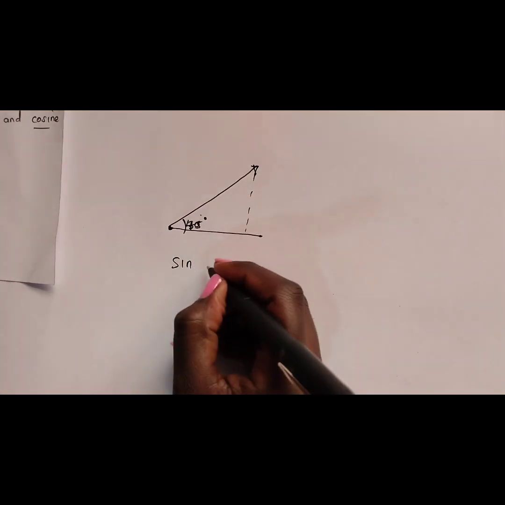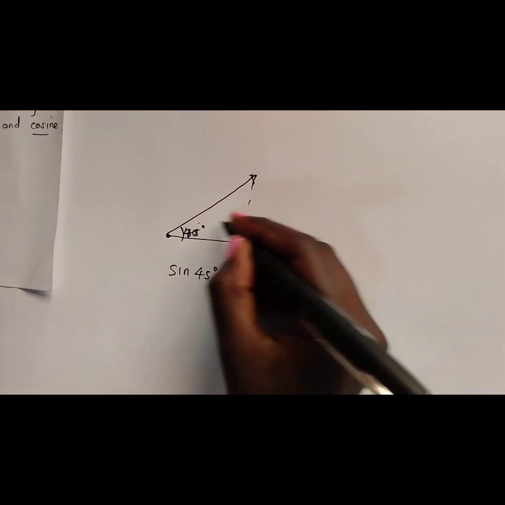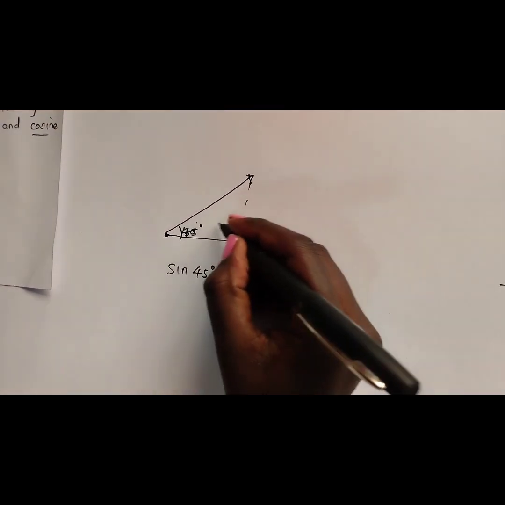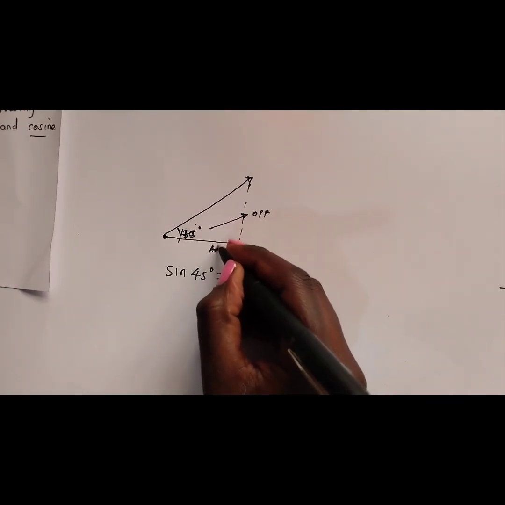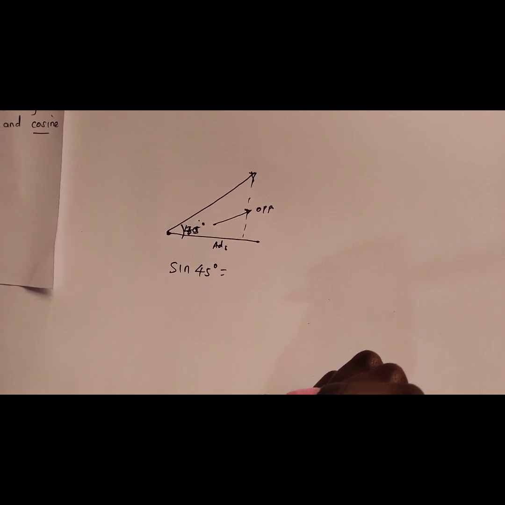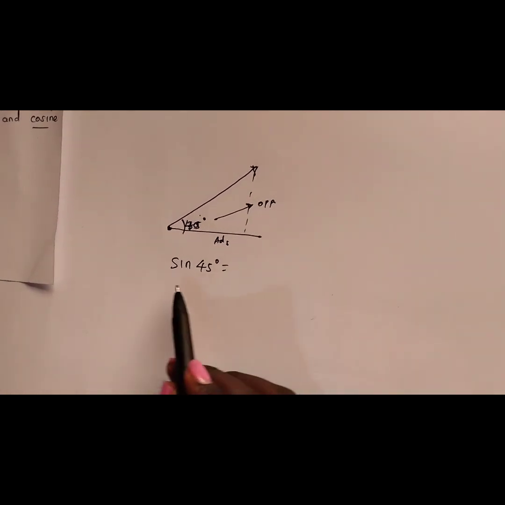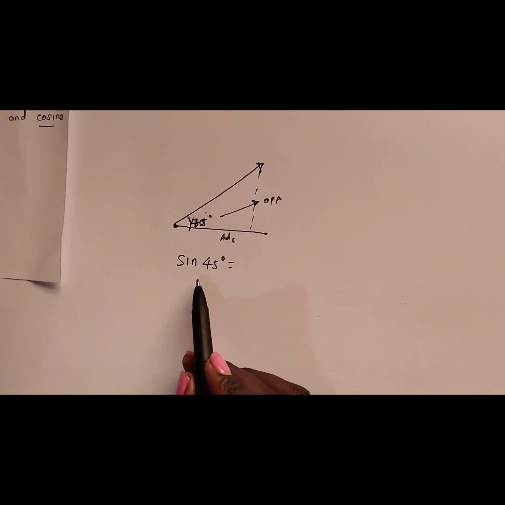So sine of angle 45 degrees should be equal to opposite over hypotenuse. If we face it from angle 45, this would be our opposite and this would be our adjacent.